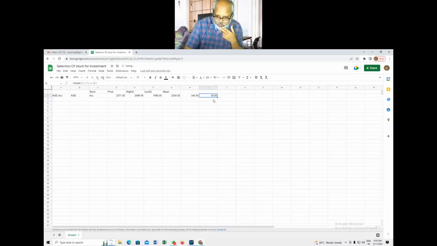So I get a value of 49. This means that I will start below the mean, and at every 49 rupees I will keep on accumulating the stock. This is my buy set off.